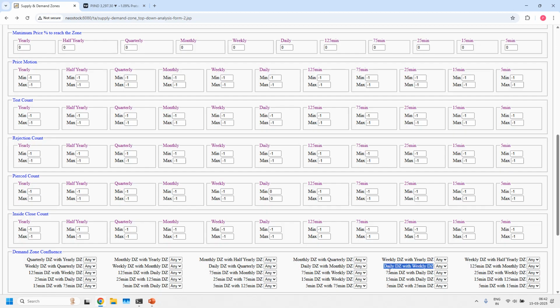That means this daily demand zone should overlap with the weekly demand zone, so the daily demand zone has the power of the weekly demand zone because it is overlapped with weekly. Such kinds of zones we want. That means those zones might have much stronger order flow. That is our belief. So I am enabling that filter by selecting yes. That means I am telling the software, now filter the stocks based on this filter.